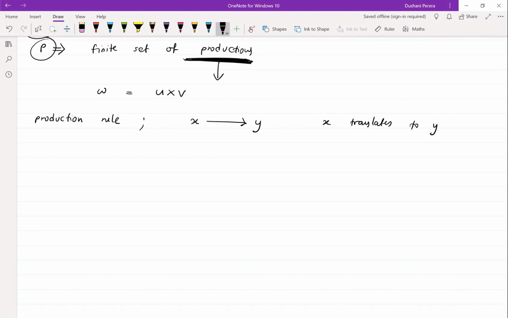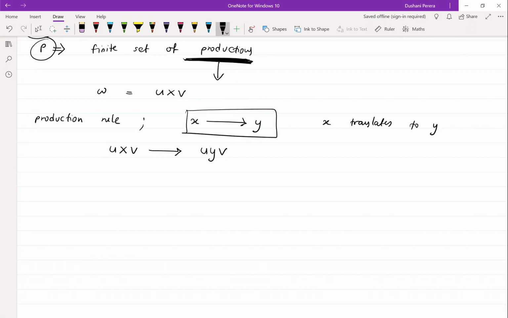What this production rule will do is replace any of the X's that are present in the string by a Y. Wherever there is an X, it puts a Y. So since our string is UXV, when I apply my production rule, this will get converted to UYV, because it replaces all of the X's in the string by Y. This is the production rule given for that particular grammar.